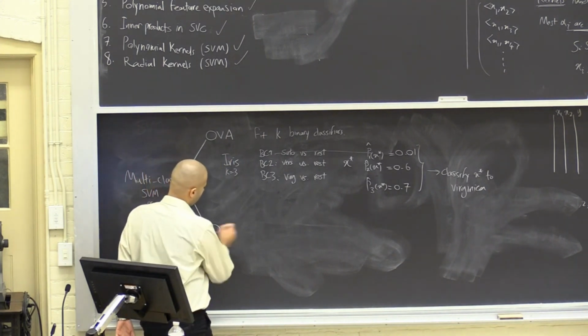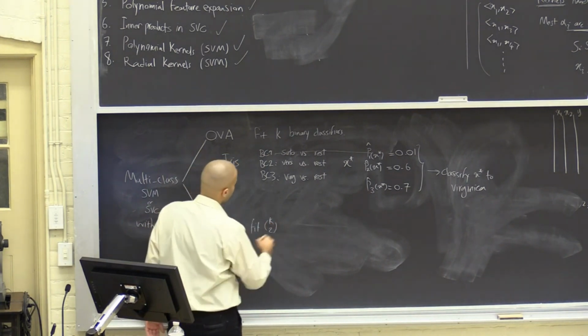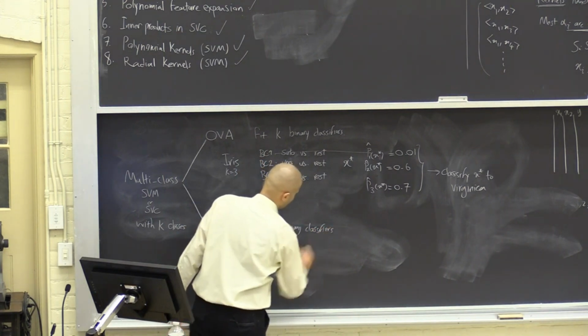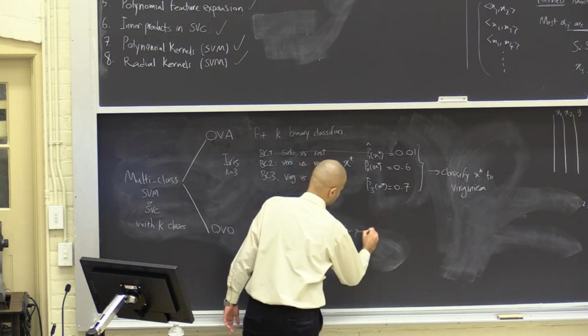Then we have OVO, which fits k choose 2 binary classifiers for pairwise comparisons between classes.